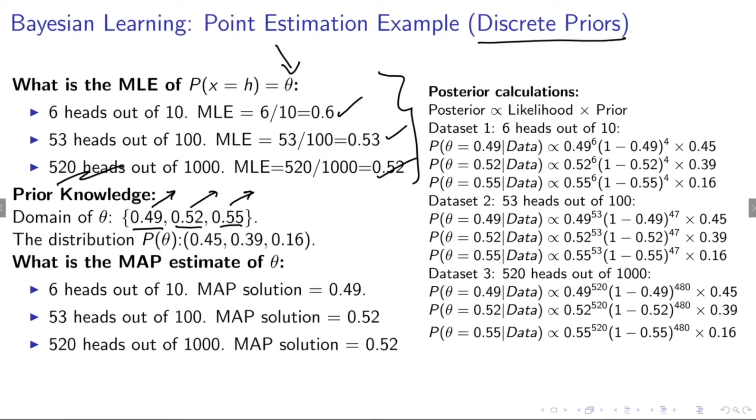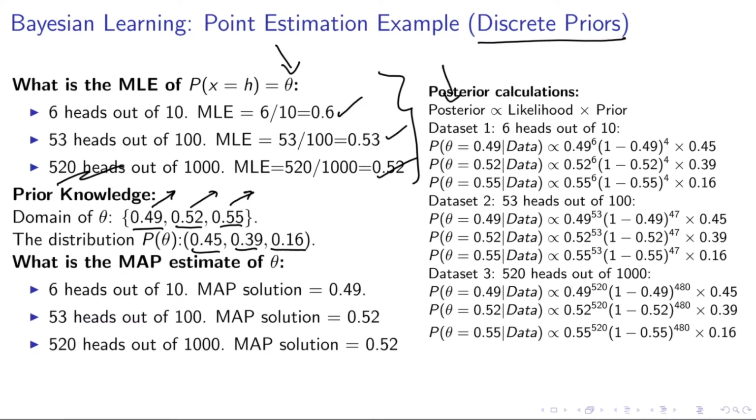As I said, we assume a probability distribution over the parameter theta. So theta takes 3 values, and let's say our probability distribution over theta is given on the slide, which is 0.45, 0.39, and 0.16. What we want to do is compute the posterior in the context of Bayesian learning. Remember that in the fully Bayesian approach, we get a distribution over the parameter rather than a single value, as in the MLE approach.